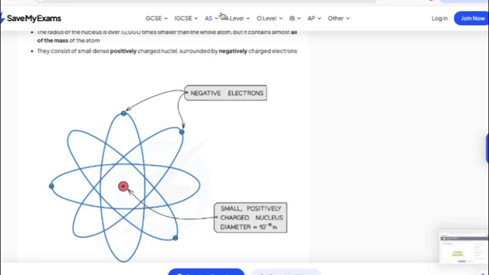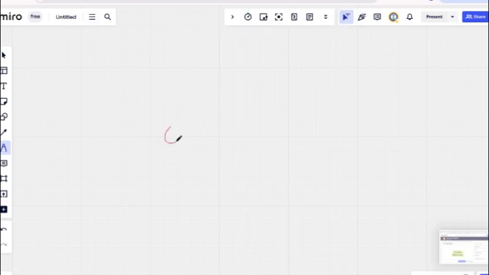That one was just for the sake of easy study. So for easy study, we draw a small nucleus with proton and neutron inside. This is the nucleus of an atom.